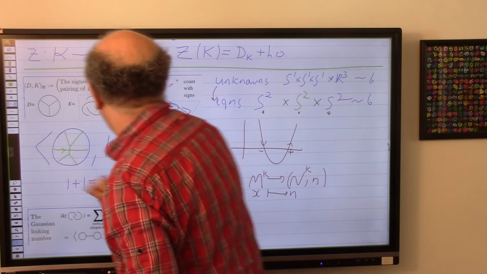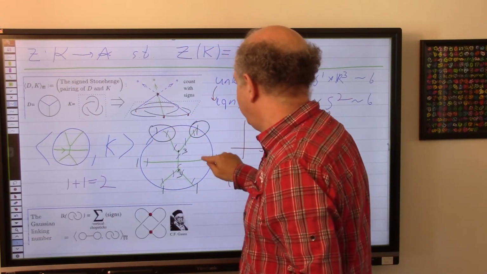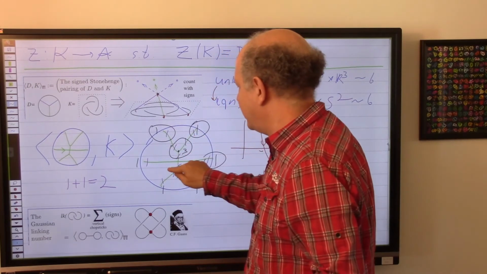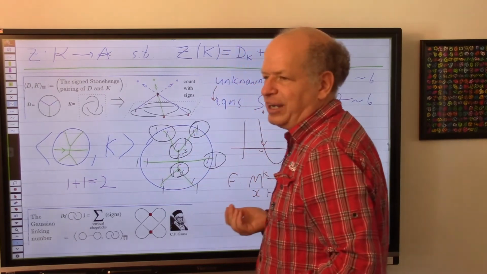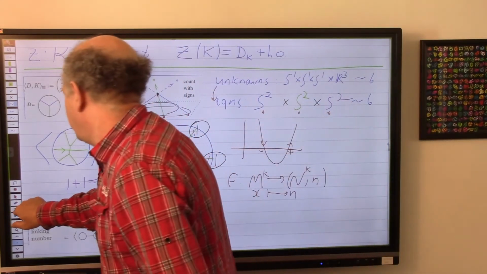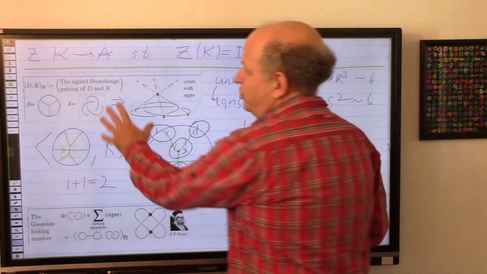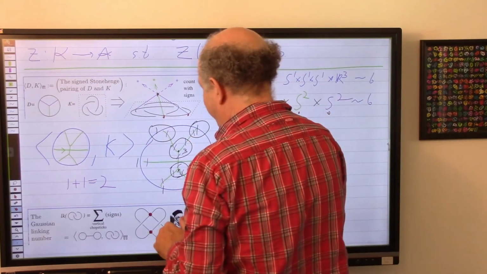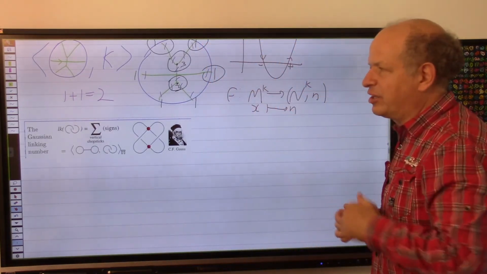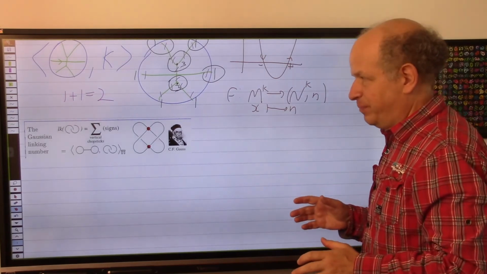But then this one cancels this one, cancels this one, and so on. And the 3's cancel 3 1s each, so you always get equality. So this makes sense for every trivalent graph.